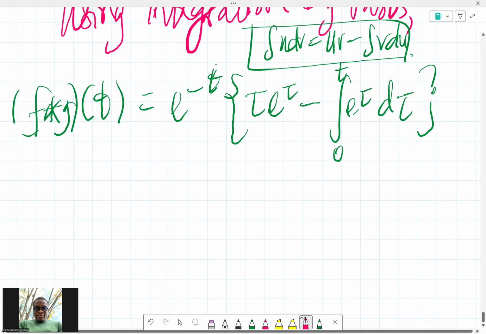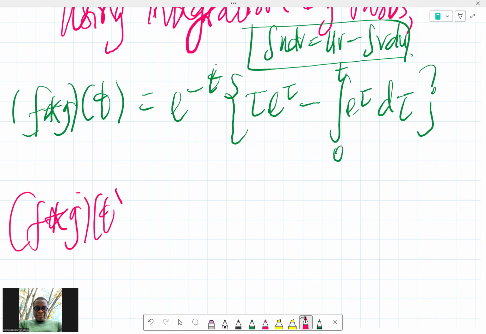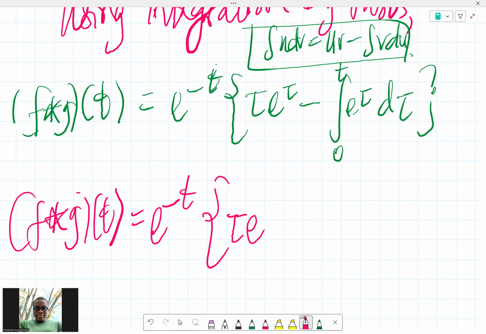So we can now say f convoluted with g in time is e raised power minus t, then tau e raised power tau minus, when you integrate e raised power tau, the answer is simply e raised power tau again, and now from 0 to t.